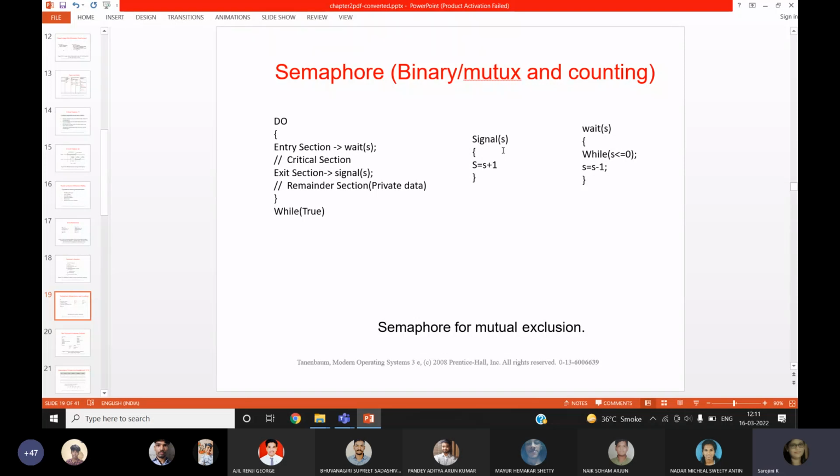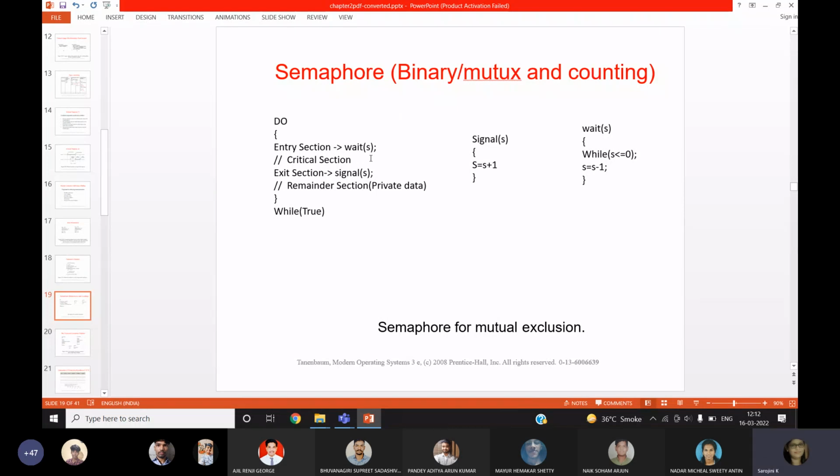For example, assume that only 100 people, or we will take a small number, only 10 people can be allowed in some place at a time. At that time, what we will do is set the semaphore value as 10. Please listen. Why are we setting 10?